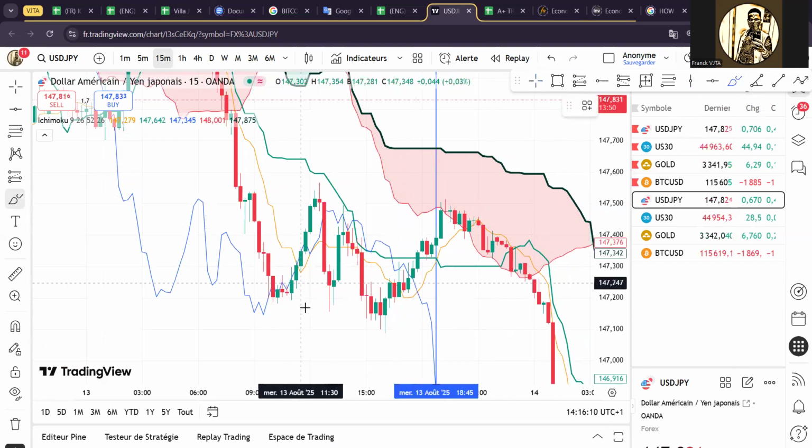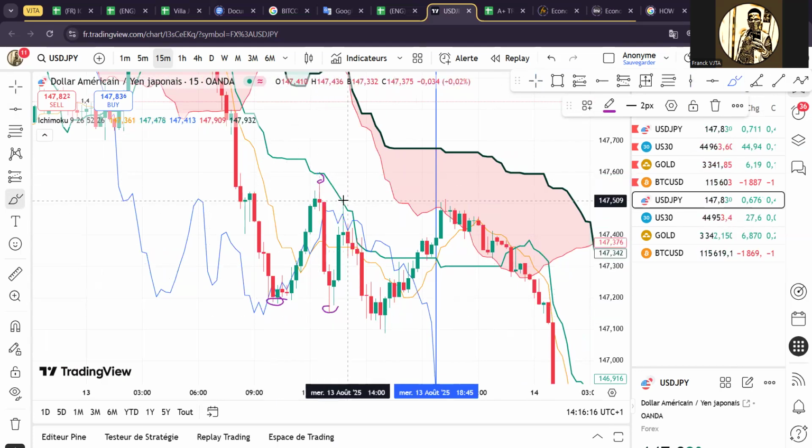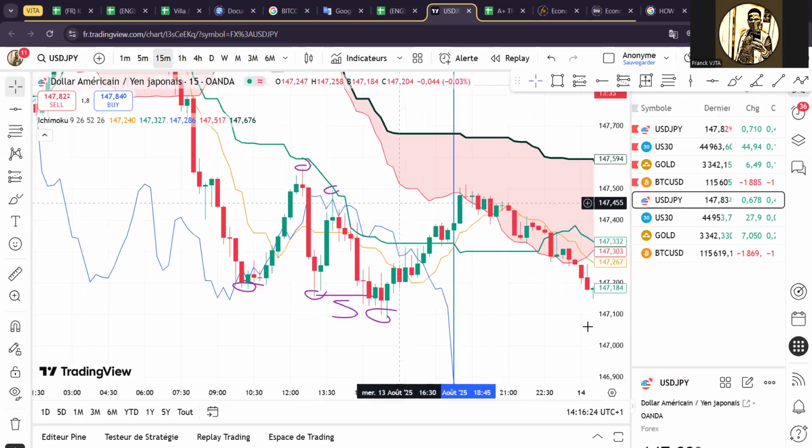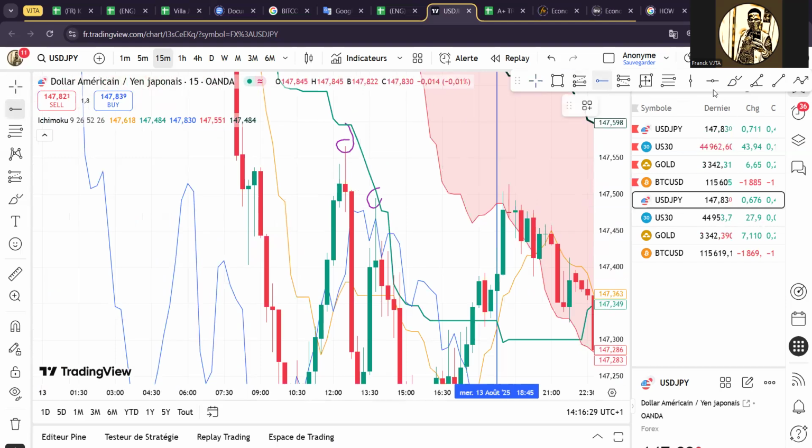Because why? Because you had a bottom here, then a top here, then a bottom here, then a top, then a bottom. This bottom sold the market here, right? From the price point of view. But this top, when you take a black line, the top is just right here.